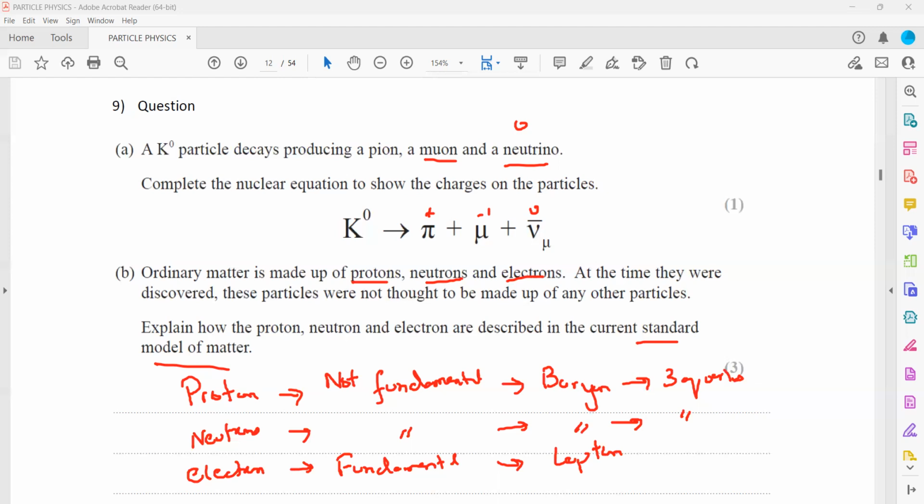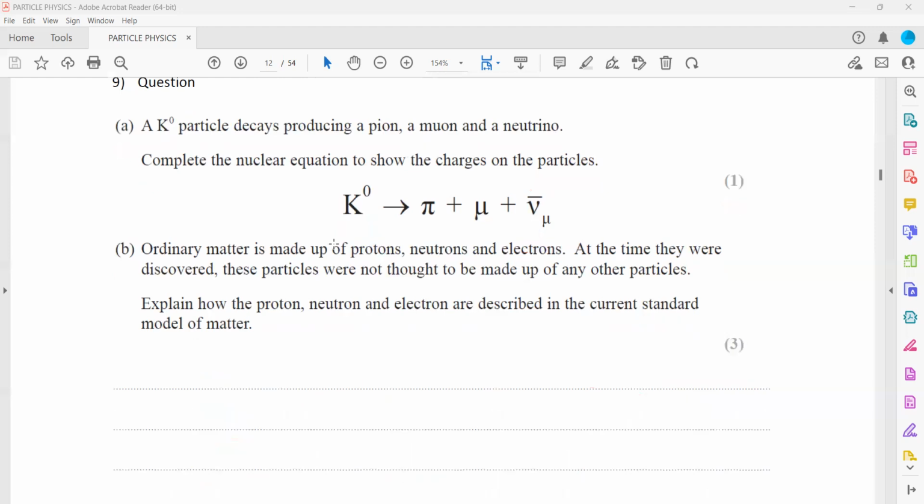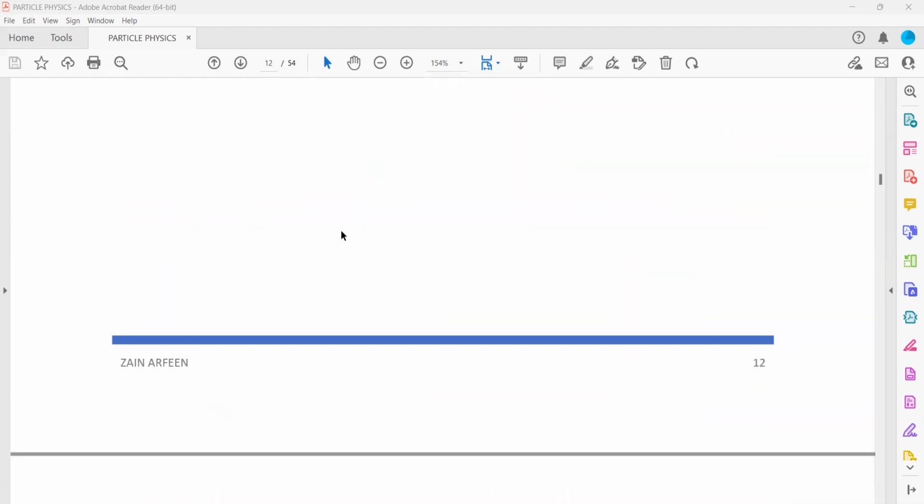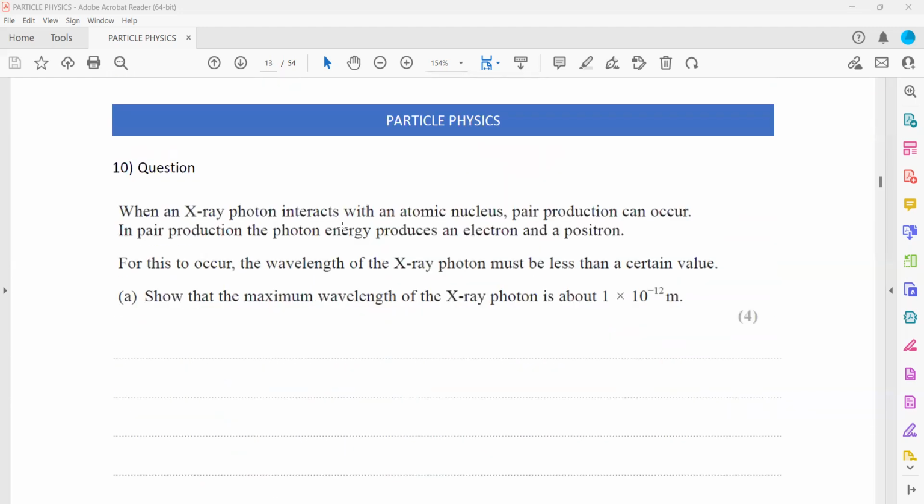Fundamental particle means it has no internal structure, it's a basic particle. You have to learn the standard model and the names of different particles, as well as their baryon numbers and lepton numbers.